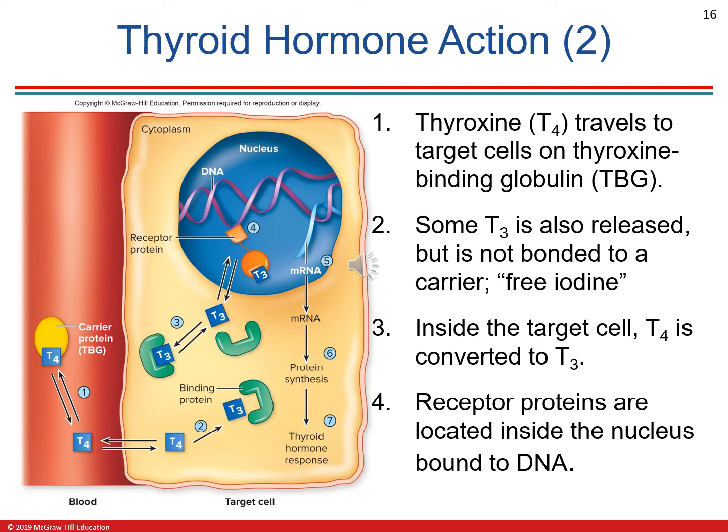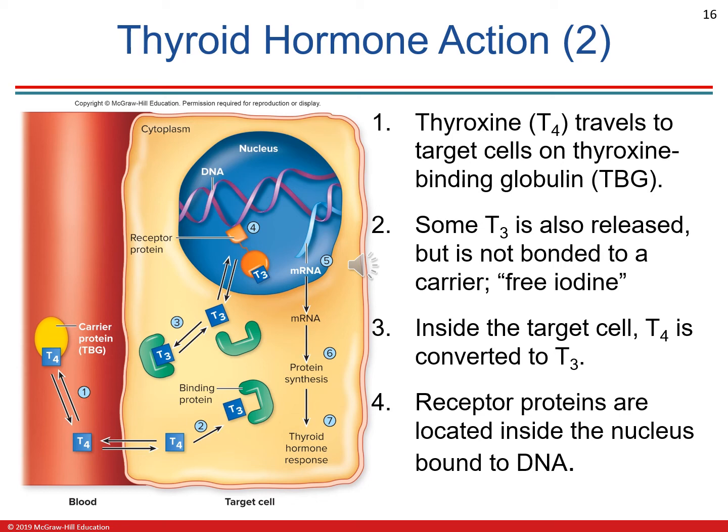This one is acting as a receptor, and this binding protein, or primary receptor, is the one that allows the T3 to walk through the cytoplasm to move close to the nucleus.